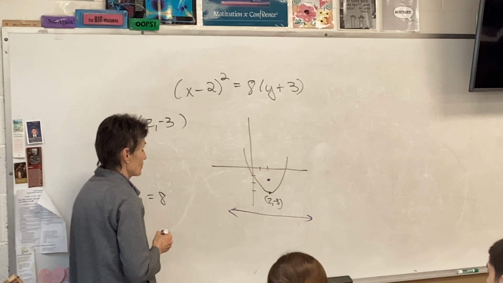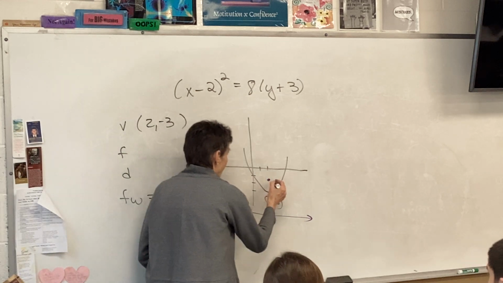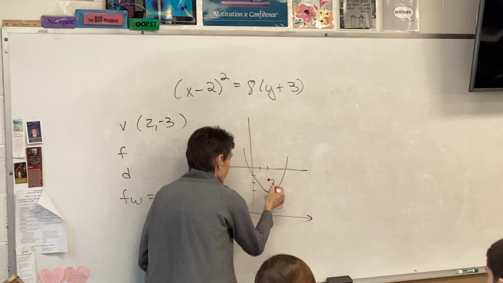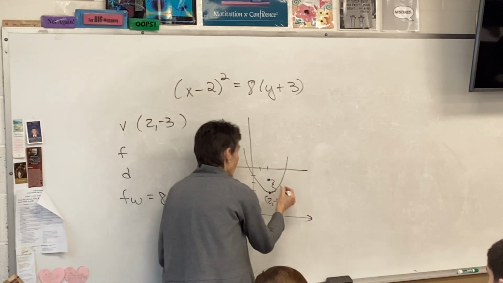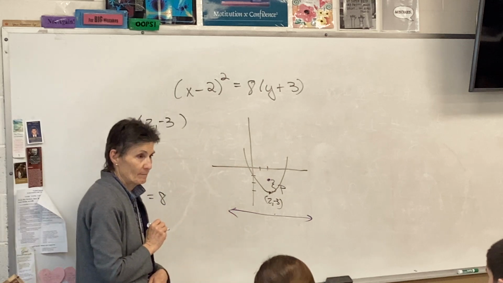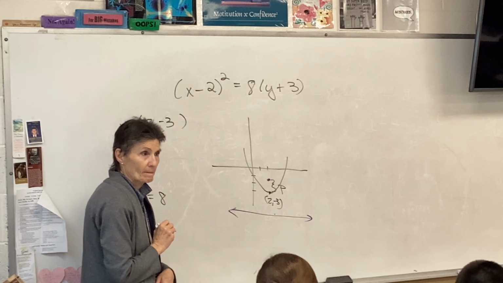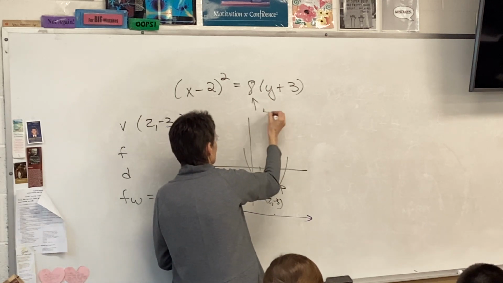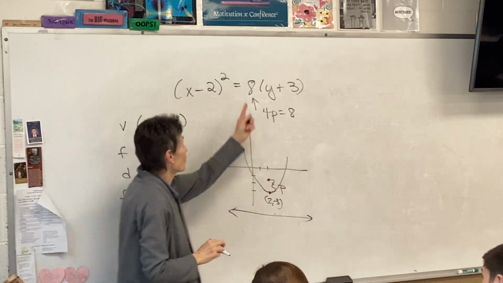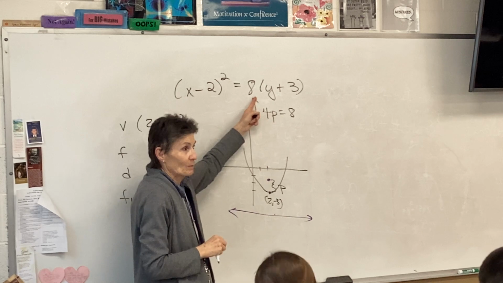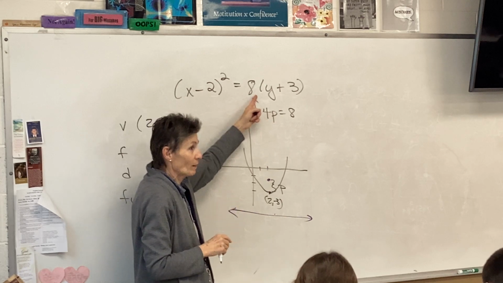Okay, so I need to figure out how far up and down I need to go. And we call that P. And 4P is always 8. Or no, 4P is always this number, right? It's not always 8, it's whatever this number is.